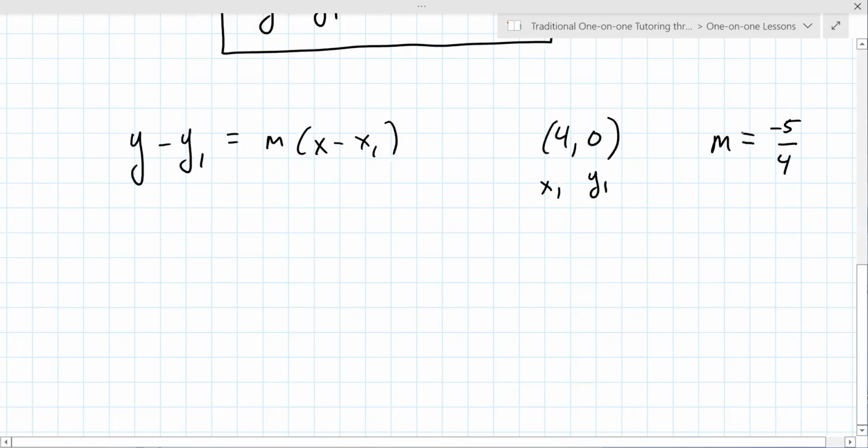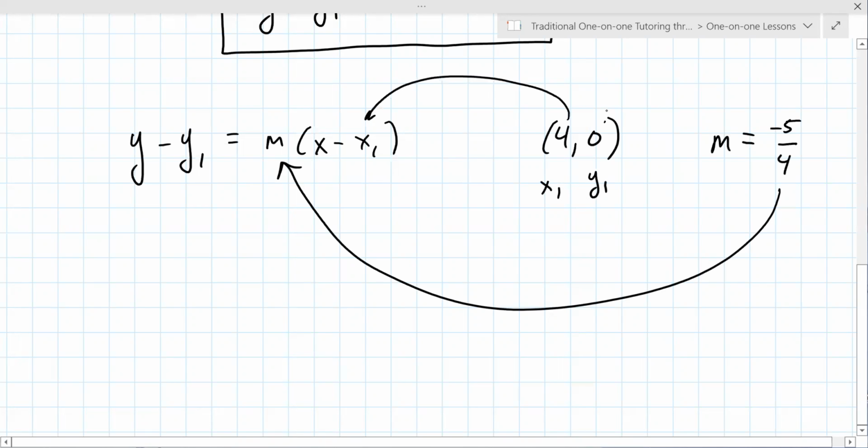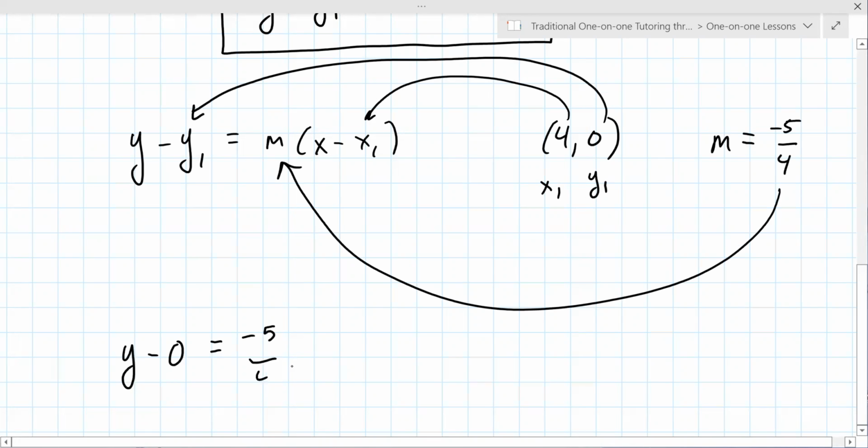So you substitute those numbers into the formula. 4 goes in for x1, 0 goes in for y1. So it's y minus 0 equals -5 over 4, x minus 4. Do you follow how I substituted those numbers in?